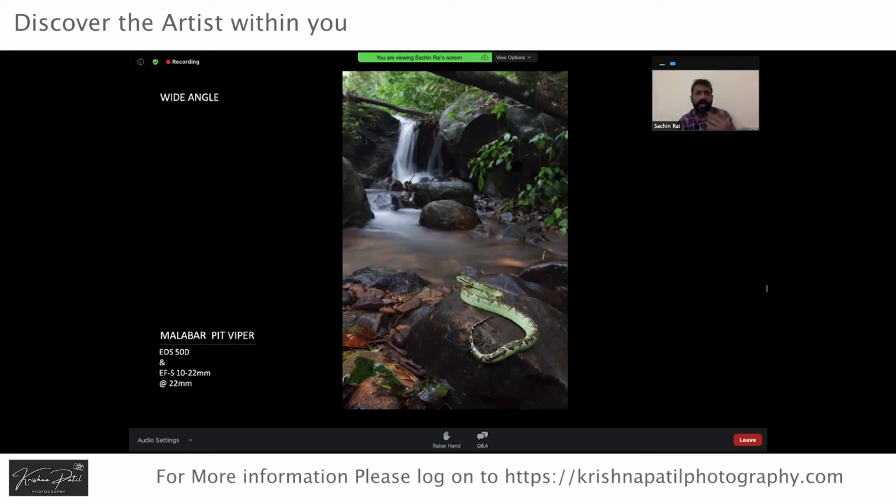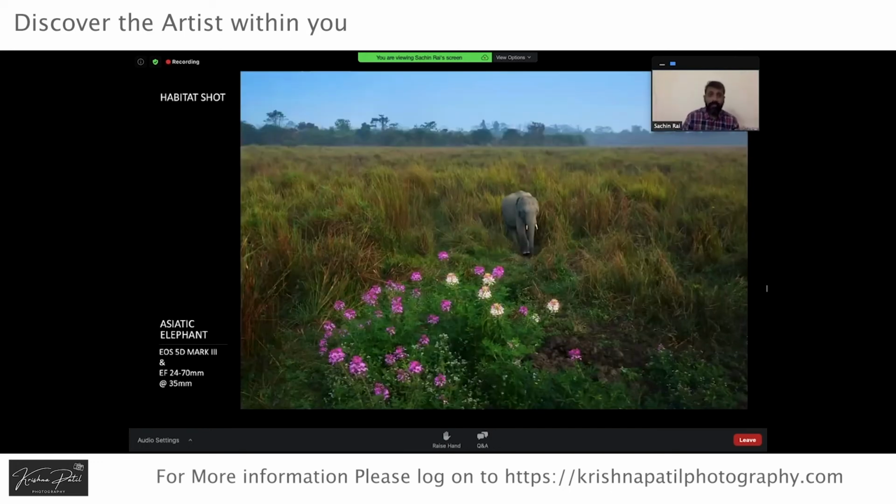I would want the waterfall. It's a 15-20 second shot. I've used a tripod so that the water becomes blurred, and I have placed the subject below. Why have I placed the subject below? Because I said my second hero of the image is the waterfall, right? And that is where these snakes are found, close to water bodies, including beautiful flowers in the foreground.